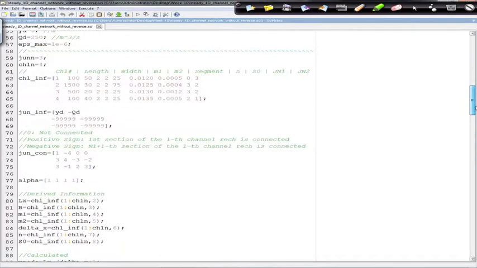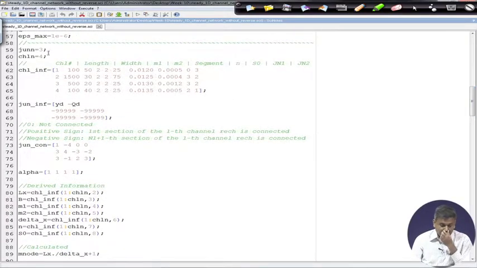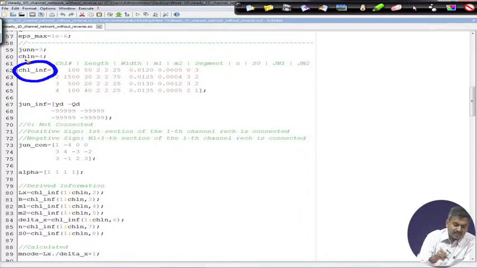Now, I can extract information from this channel information matrix. The second column is Lx, third column is B, fourth column is M1, fifth column is M2, sixth column is delta x, seventh column is N, and S naught is the 8th column.